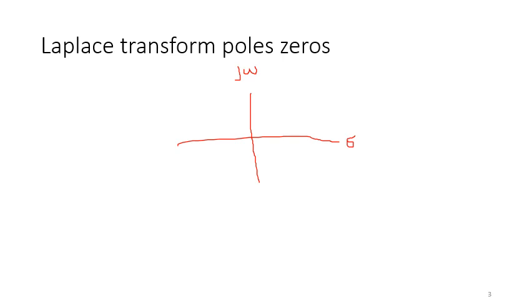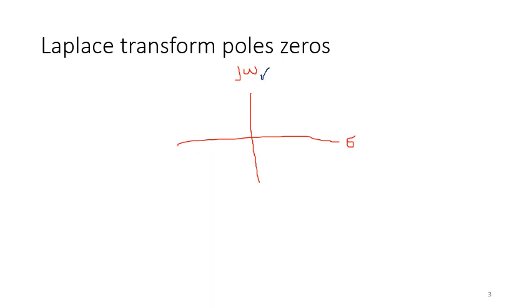So s is a complex plane. We have already discussed that on the vertical axis we have j omega. The vertical axis is basically the imaginary axis, and the horizontal axis, or x-axis, is the real axis.